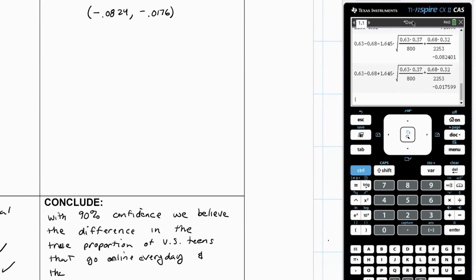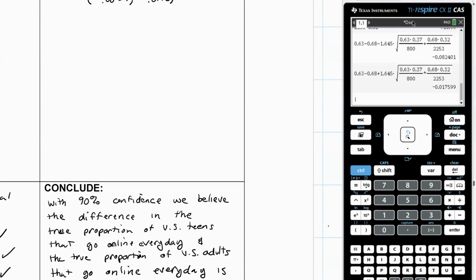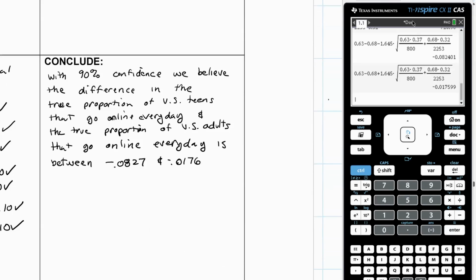And the true proportion of US adults who, or that, go online every day is between, and we repeat our numbers from above, negative 0.0827 and negative 0.176.